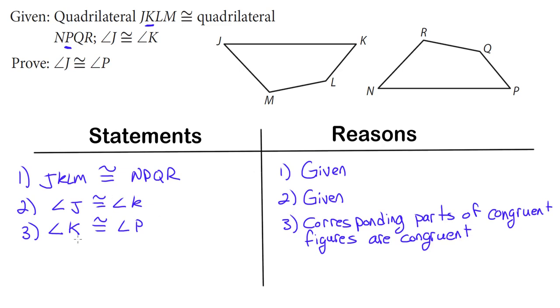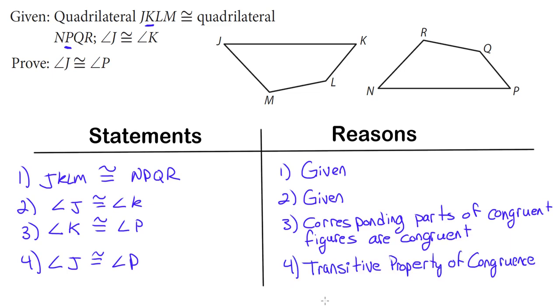Now that I've proven that angle K is congruent to angle P, I can prove that angle J is congruent to angle P, because if angle J is congruent to angle K and angle K is congruent to angle P, then angle J is also congruent to angle P. And the reason for that is the transitive property of congruence.